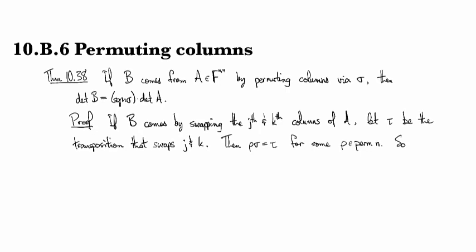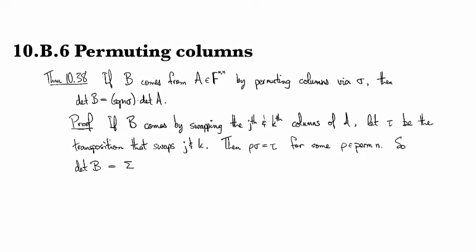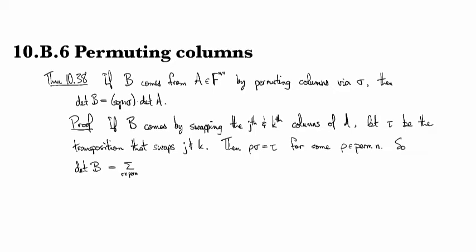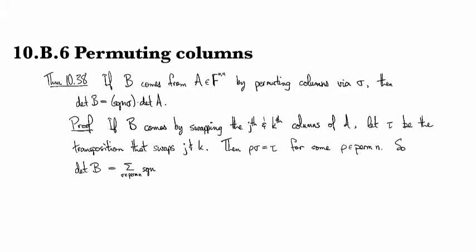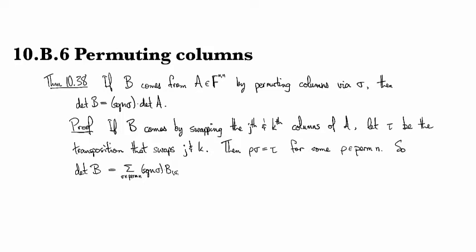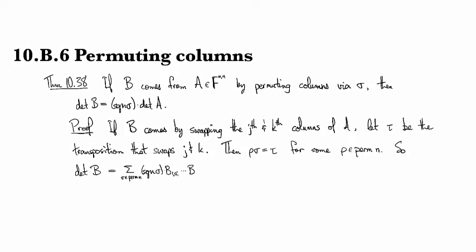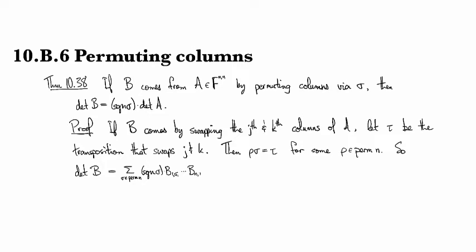So if we look at the determinant of B, according to the formula, it's going to be the sum over all permutations sigma of the sign of the permutation times B_{1,sigma(1)} multiplied against the other columns chosen according to the permutation, down to B_{n,sigma(n)}.